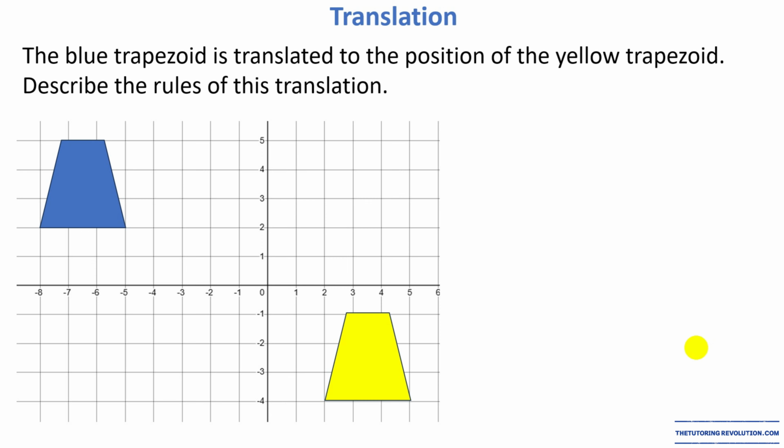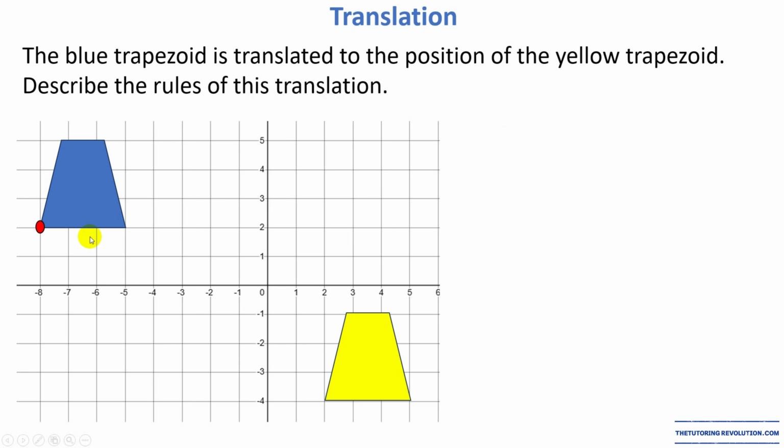For this example, we start with a blue trapezoid, which is going to be translated to the position of the yellow trapezoid. And we want to describe the rules of this translation.